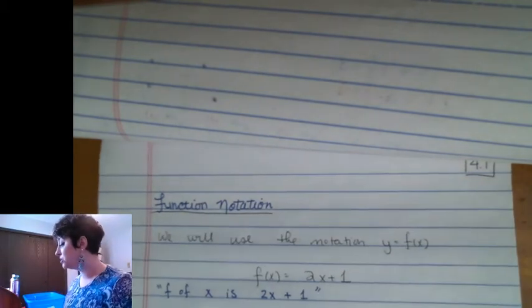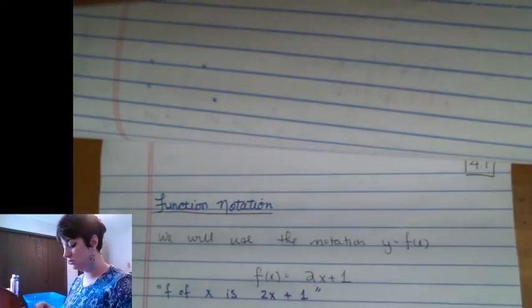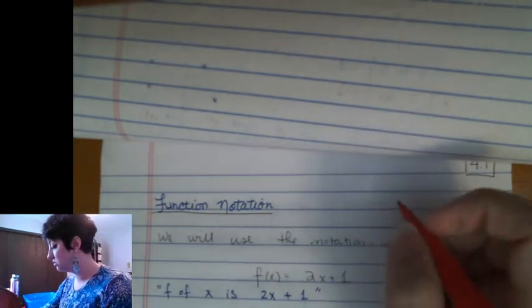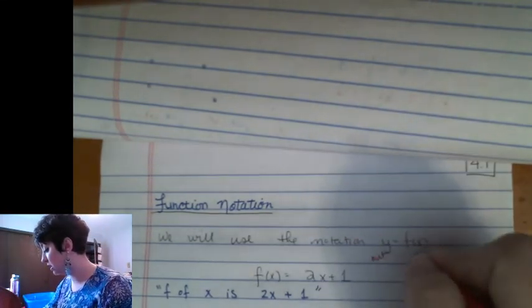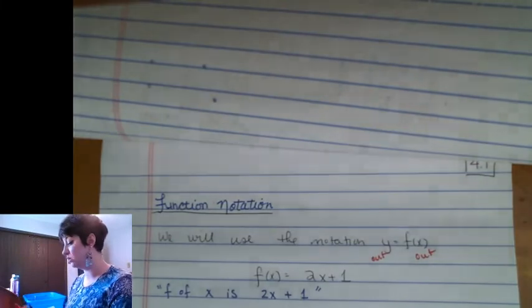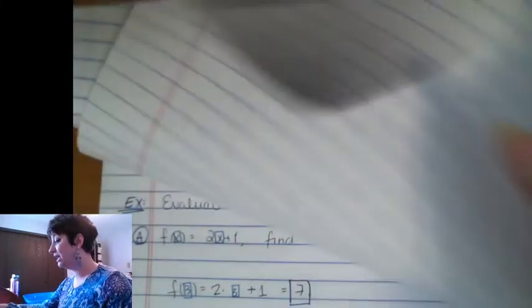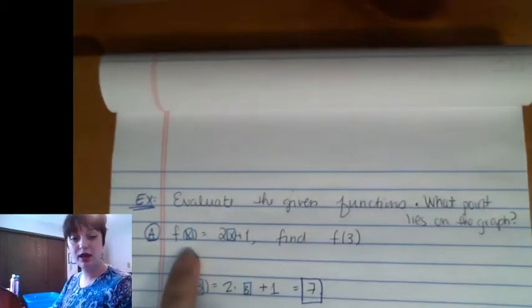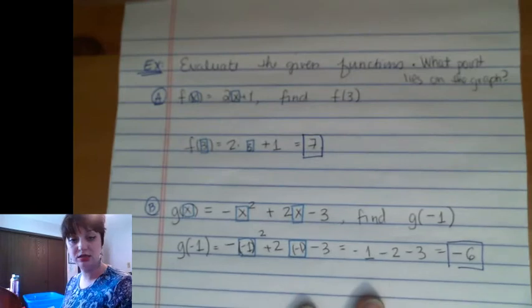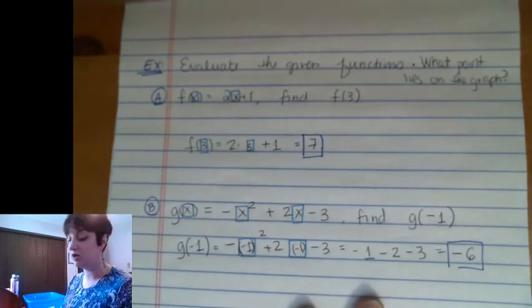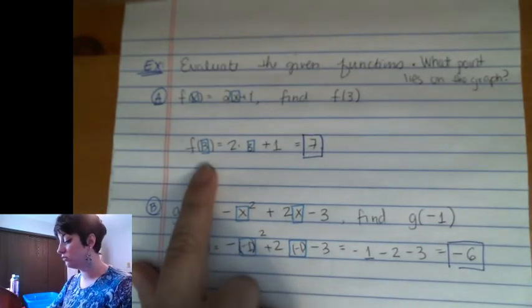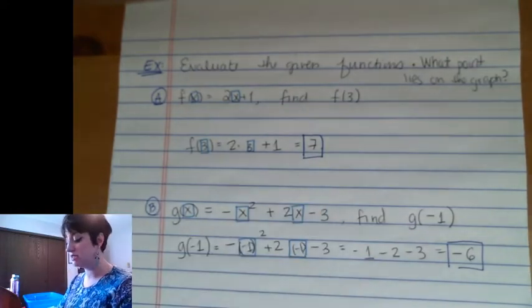Okay, so output, y was our output. That means f of x is our output. In went x, out came f of x. In went 3, out came 7.